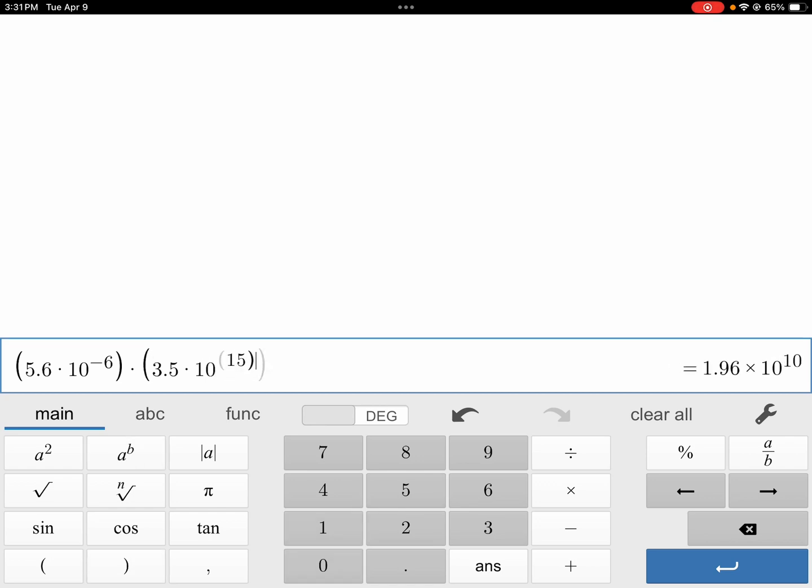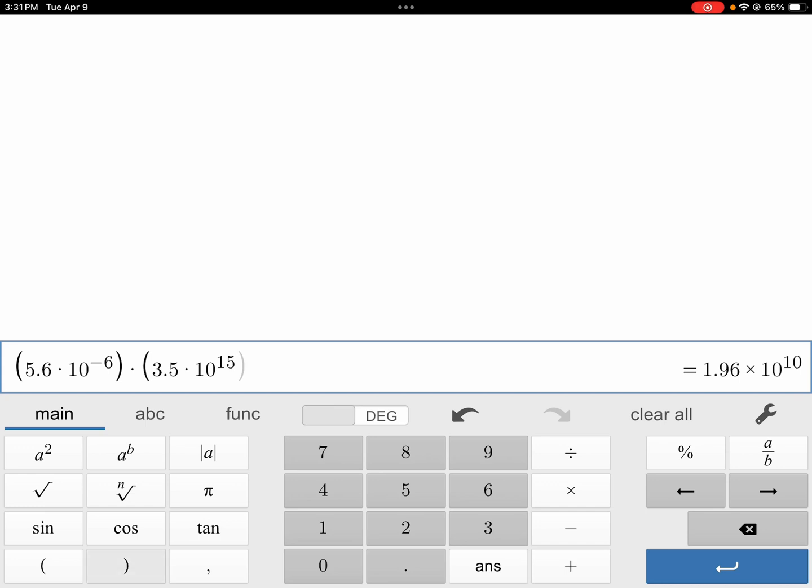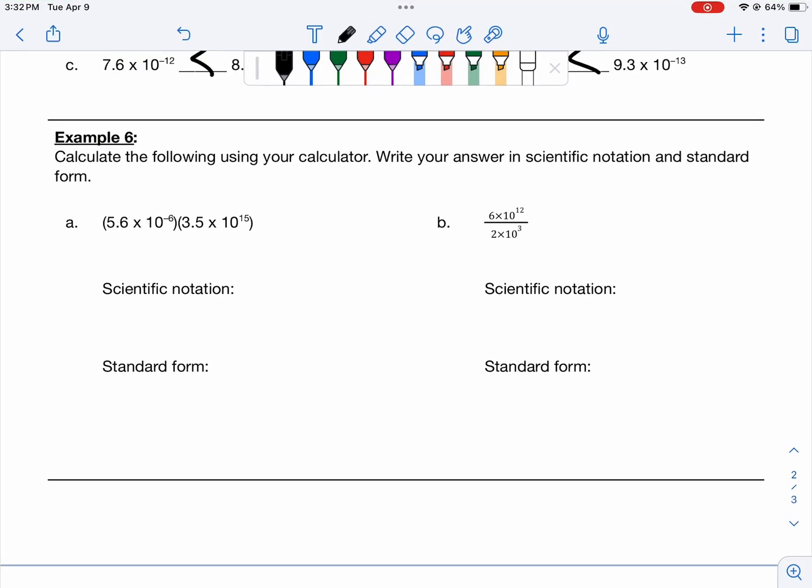All right, so this ends up giving us an answer in scientific notation. Anything with more than 7, 8, 9 numbers after the first number is going to give us an answer in the calculator in scientific notation. So our answer here is 1.96 times 10 to the 10th.